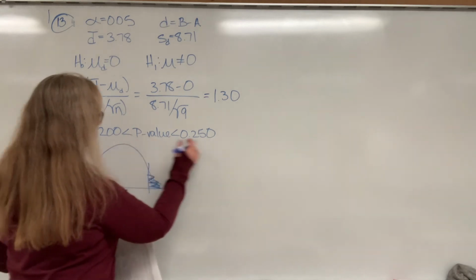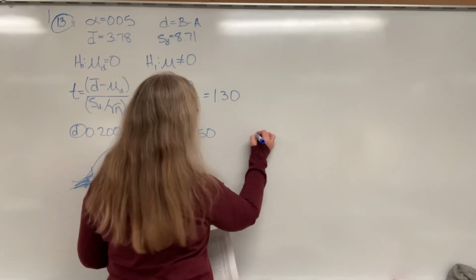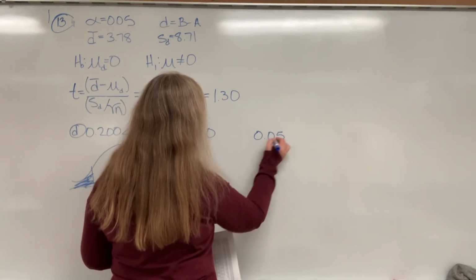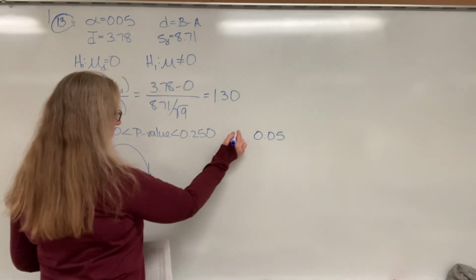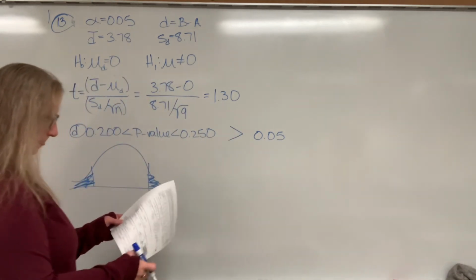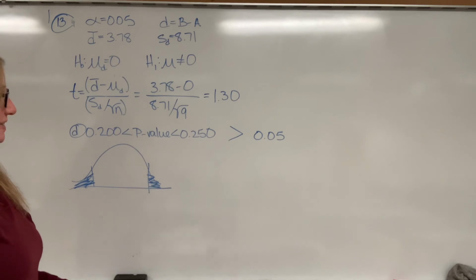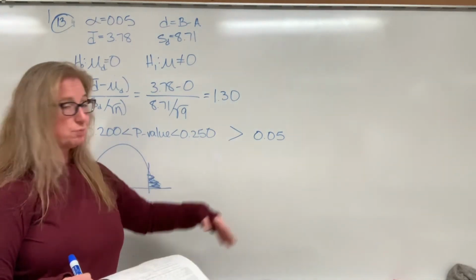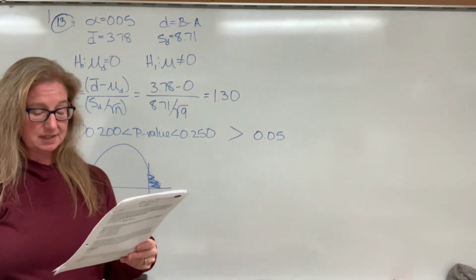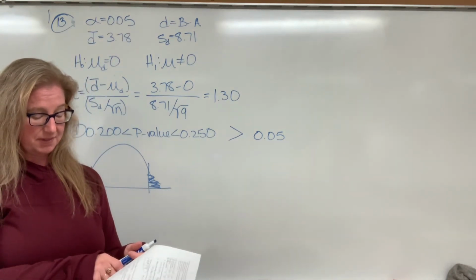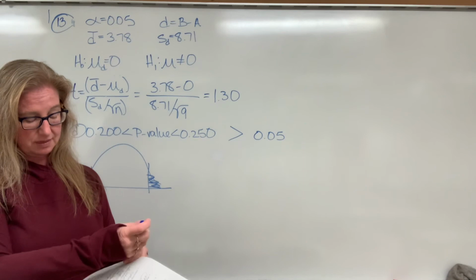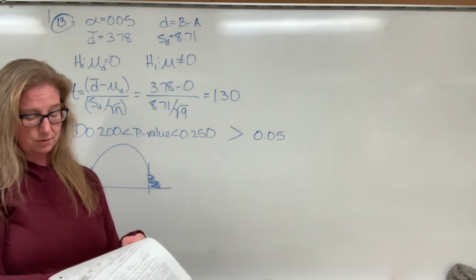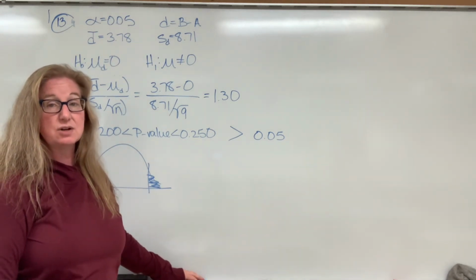So if I compare the p-value to alpha, alpha is 0.05. Well, alpha is always less than, so that means I fail to reject. So at the 5% level of significance, we fail to reject the claim that there is a difference in the mean percent increase in corporate revenues and CEO salaries.